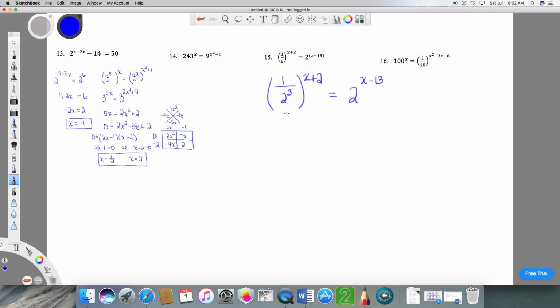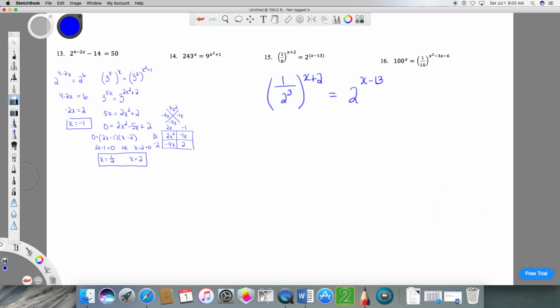I'm going to have to use the fact in my properties of exponents that if you have a negative exponent, it doesn't make your answer negative. It just changes the location of that base within a fraction. That if I have 1 over x to the n, if I move that x up to the numerator, I have to change the sign of the exponent. So that's the property that I'm going to use here on the left-hand side.